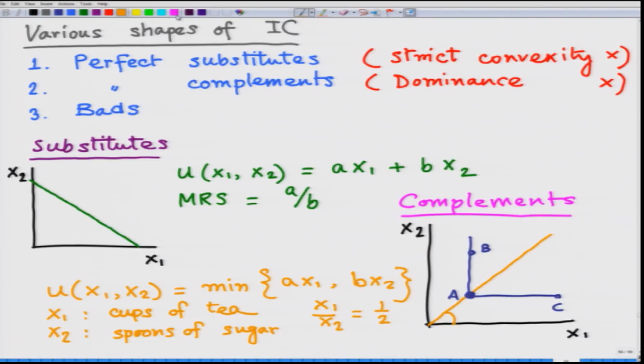Now note from here we can rewrite this in two ways. One can write 2x1 equals x2, or one can also write x1 equals x2 over 2. So, if we follow the expression 1, the utility function becomes this.